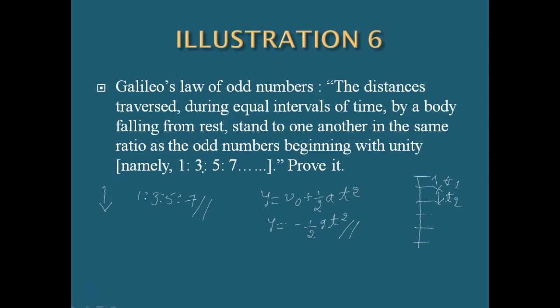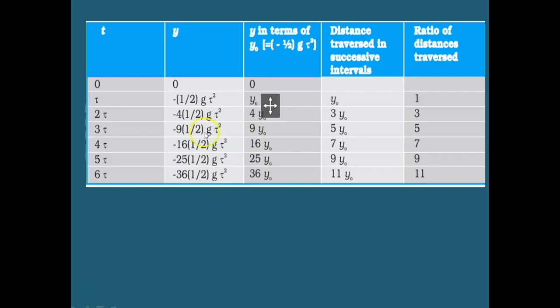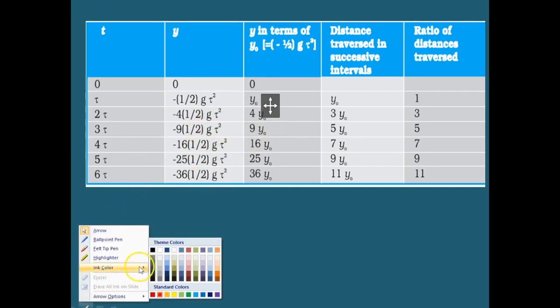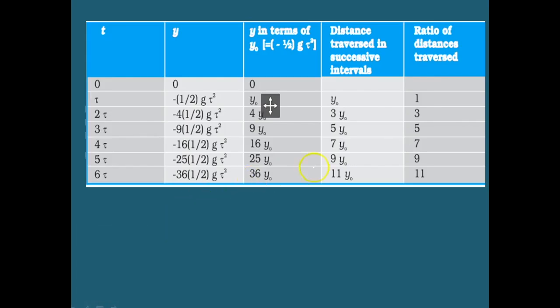Okay, so using this equation, we can calculate the position of the object after different time intervals, that is at tau, 2 tau, 3 tau, which are given in the table. So we can see in this table the distance traversed calculated at different instants of time.